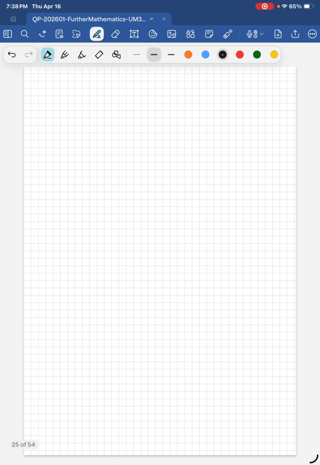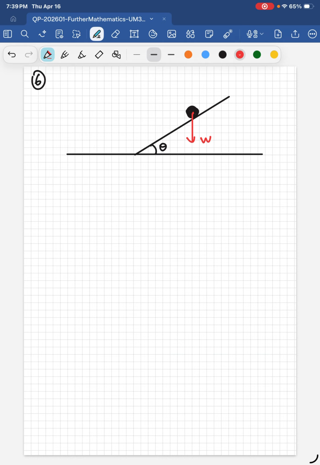So in this case, we do need a diagram. So this is problem 6. You have to use your imagination a little bit to imagine the track. Okay, and this is the bank of the curve. This angle is theta, and this is our motorcycle. We assume it to be a particle. So it has a weight that drags it down. That's the weight.